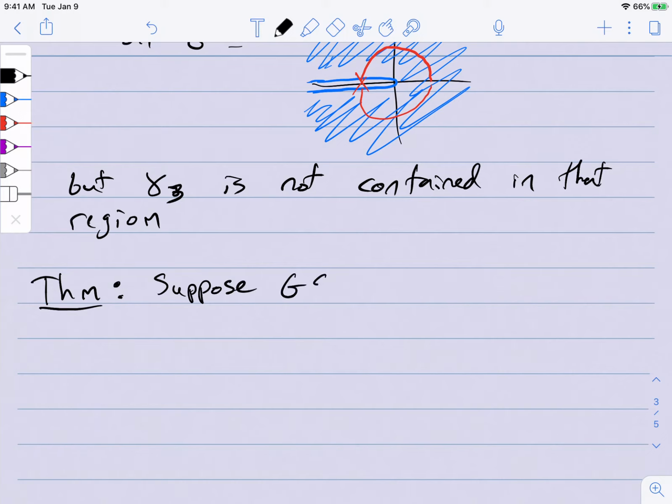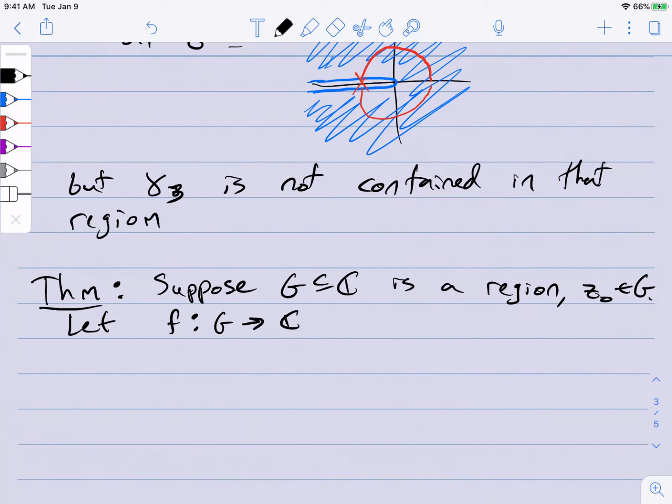So let's say, suppose we have a region, and we just choose some point inside that region, call it z0. And let's say we have a function which is continuous.